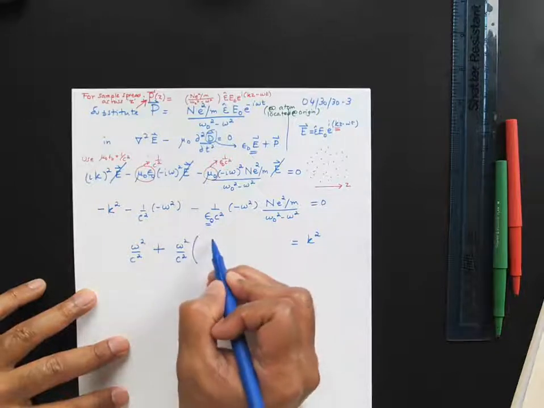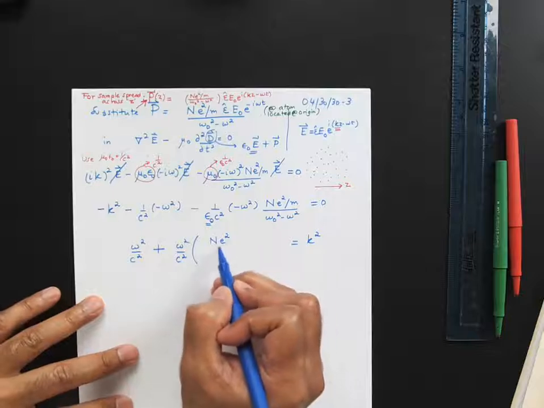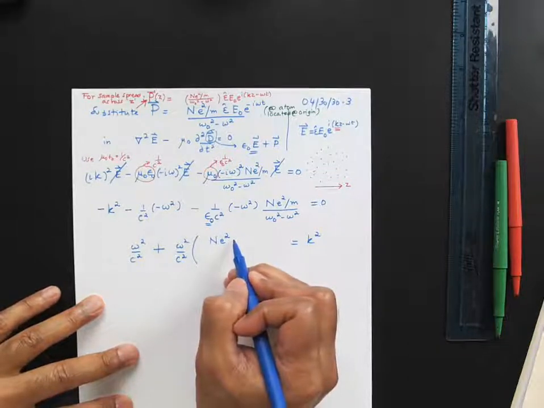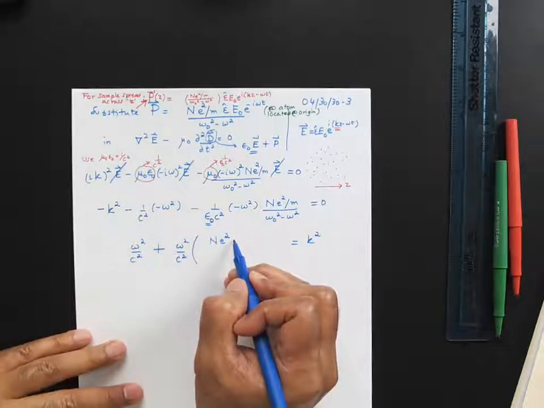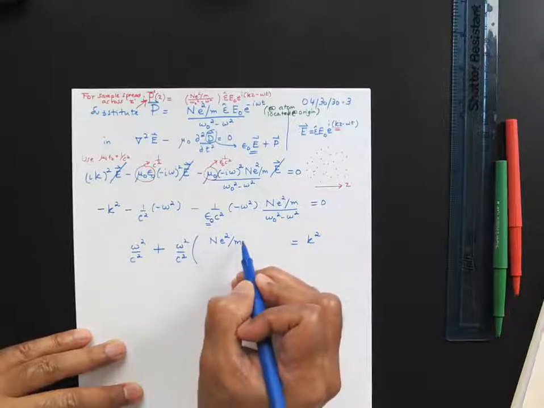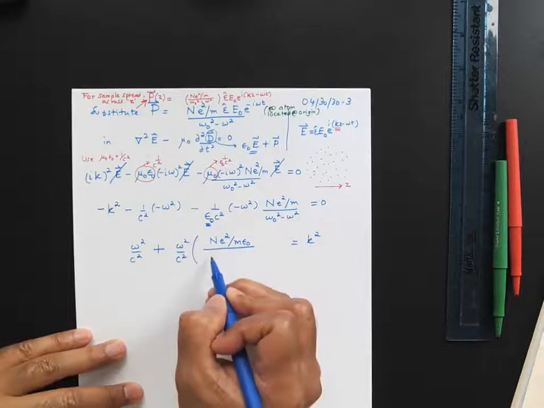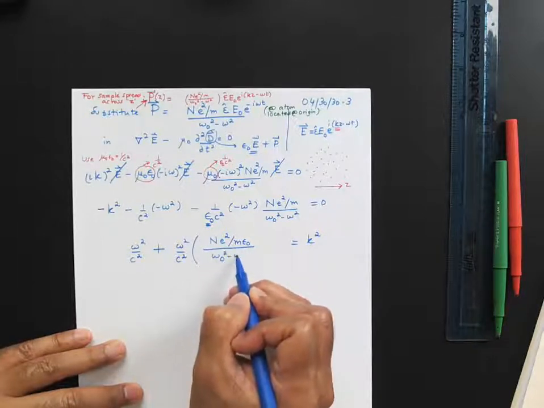So I have a n e squared over m epsilon naught, divided by omega naught squared minus omega squared.